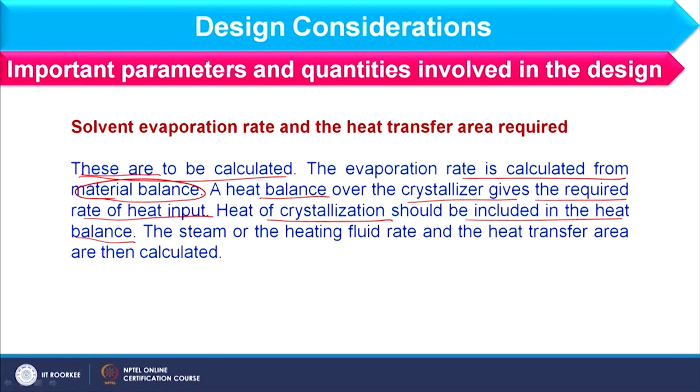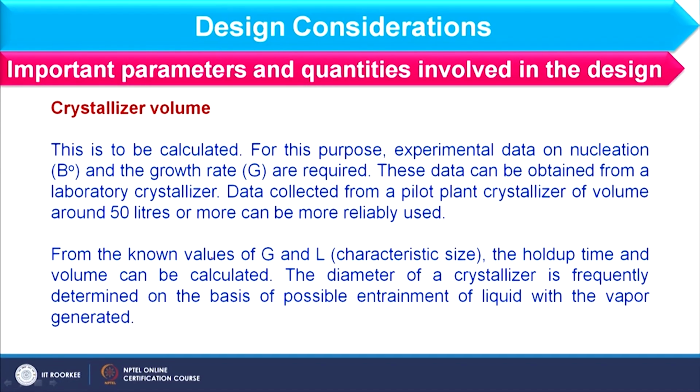So, that is basically the heat of crystallization. For the steam or the heating fluid used in the heat exchanger, the heat transfer area can be calculated from the energy balance. In this way solvent evaporation rate as well as heat transfer area can be calculated, and further we have a very important parameter, that is how to decide the crystallizer volume.